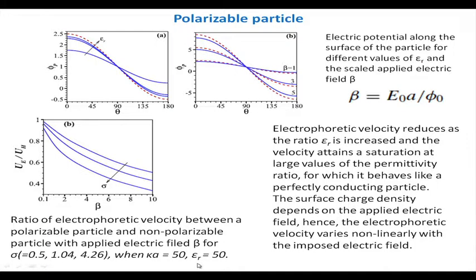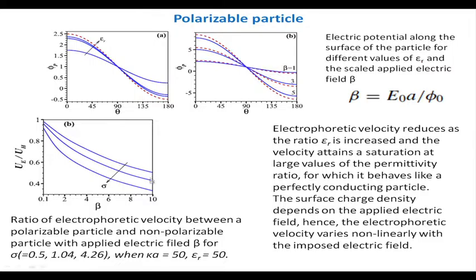Here we have taken epsilon r as large, 50, and kappa is large, so the Debye length is small. So, smaller Debye length and larger epsilon r, for different choices of the surface charge density sigma. In the beginning, the particle has a surface charge density sigma, and due to polarization there will be additional surface charge formation.